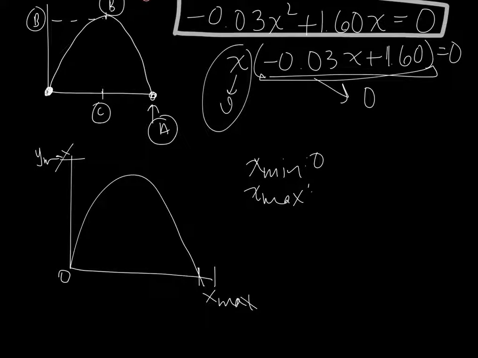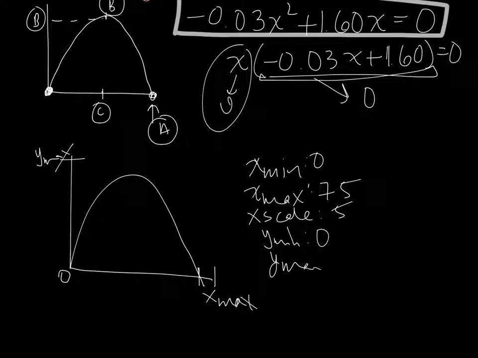So let's say that I'm going to put, I don't know, 75 max. My x scale, which is just my change, I'm going to say every 5. Y min, 0. Y max, how high can a ball go? I don't know, 50 meters in the air. And then my scale, I'm going to say every 5 as well.